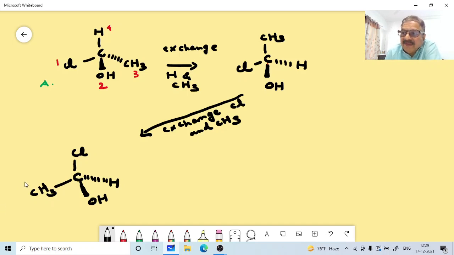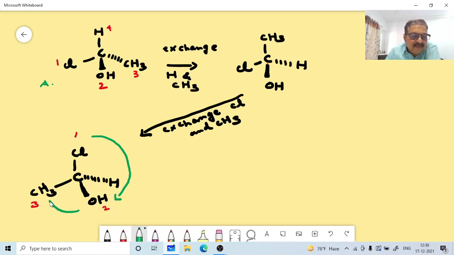So what will be the configuration here? If you see the priority, chlorine is 1, then OH is 2, and this is 3. Now when you are tracing the circle, how should the circle come? 1, 2, 3.